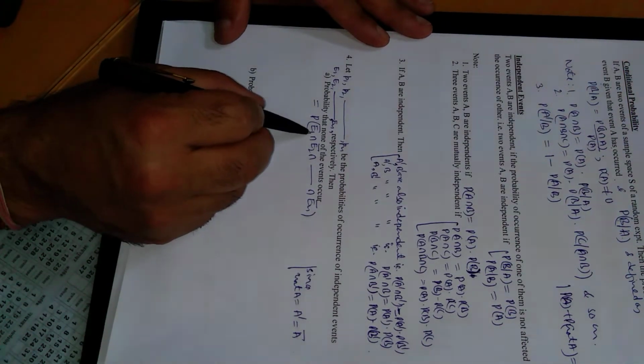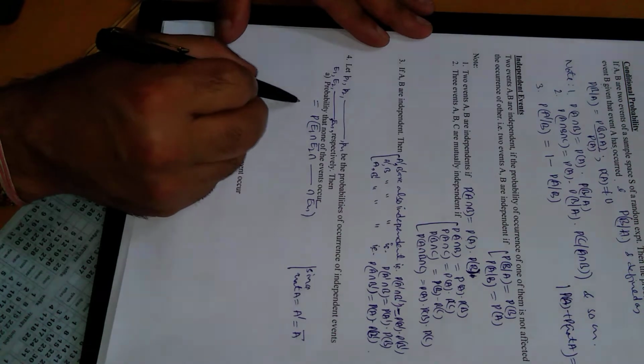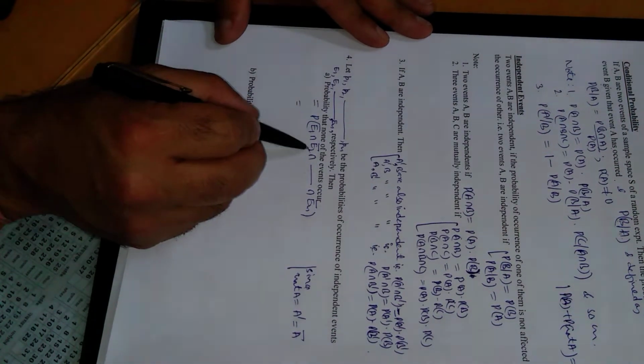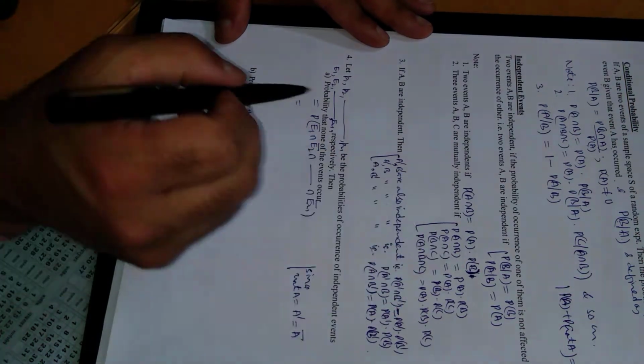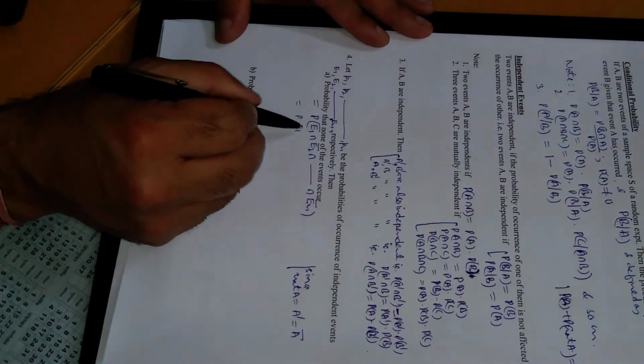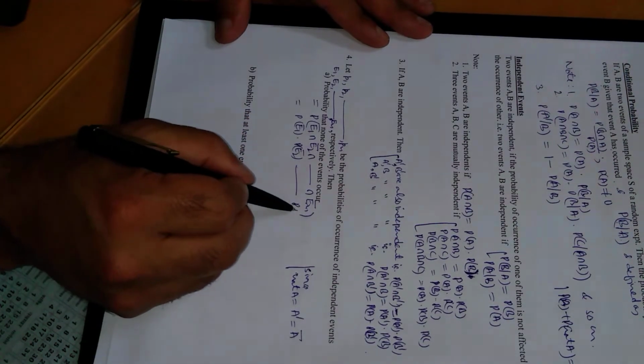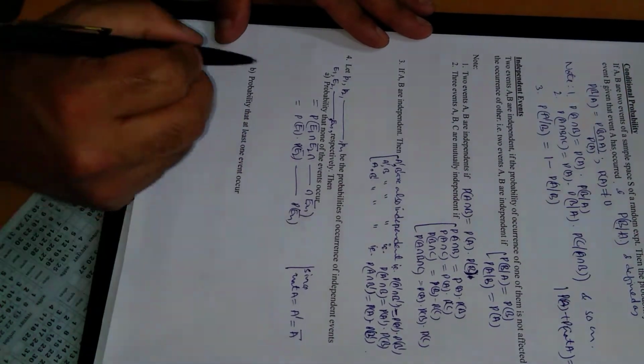Alright, so neither E1 nor E2 nor En. Because E1, E2, En all are independent, this intersection, because of this result, can be written independently as P of not E1, P of not E2, and so on, continuing to P of not En.